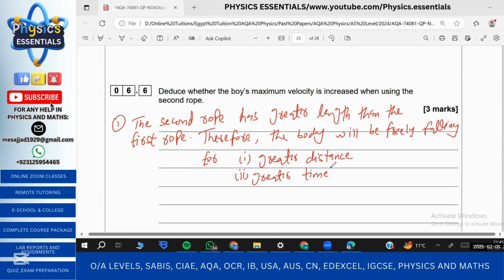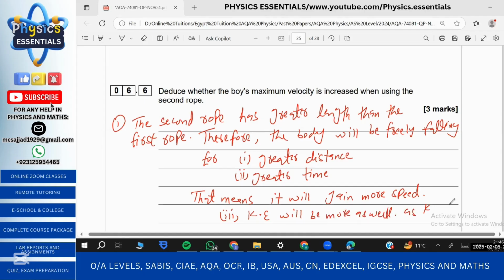And when falling for greater distance and greater time, it will gain more speed. And when it gains more speed, KE will be more as well, as kinetic energy is half mv squared, which is directly proportional to speed squared.